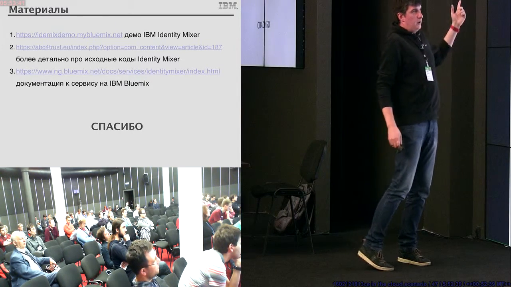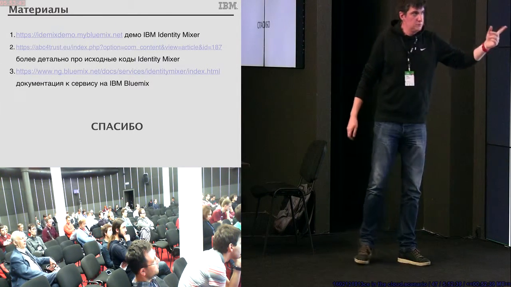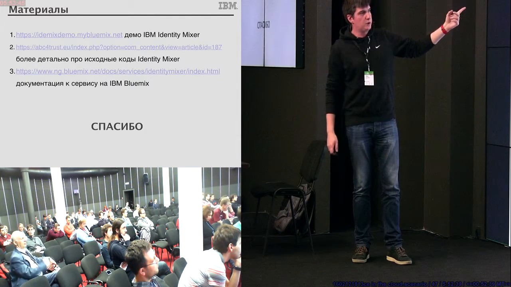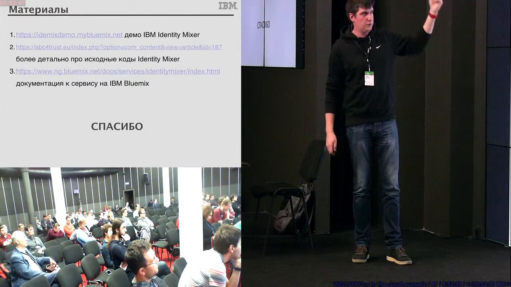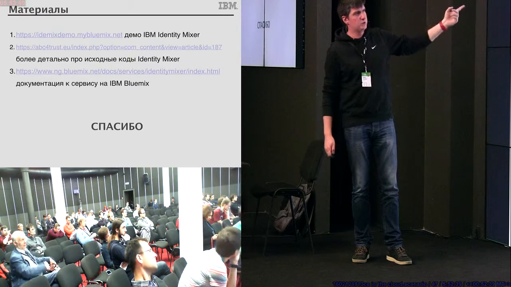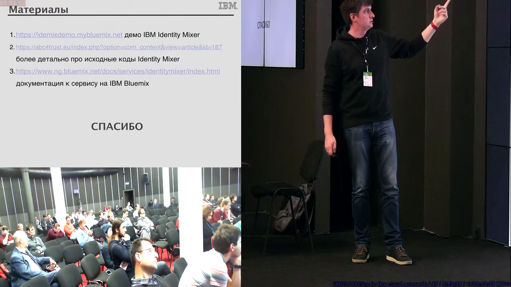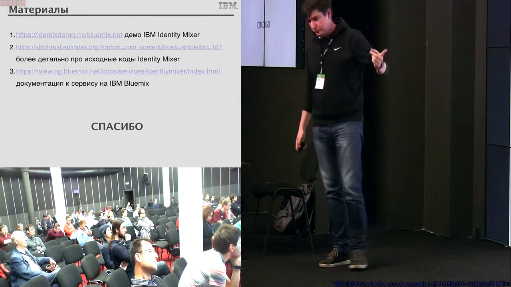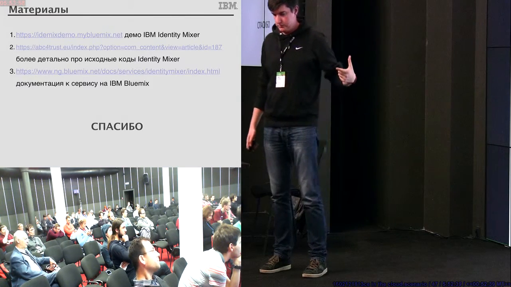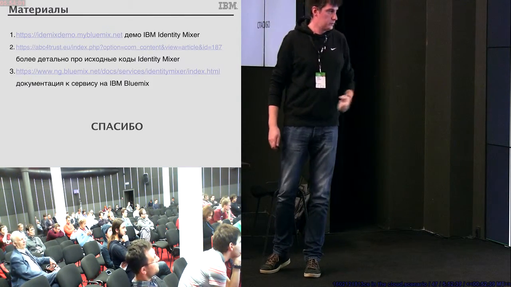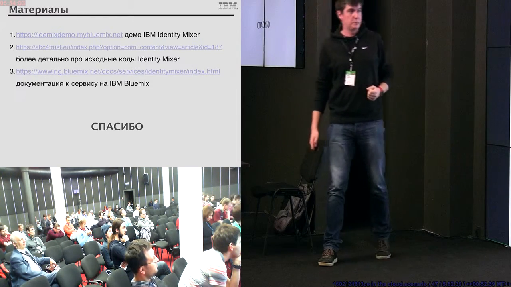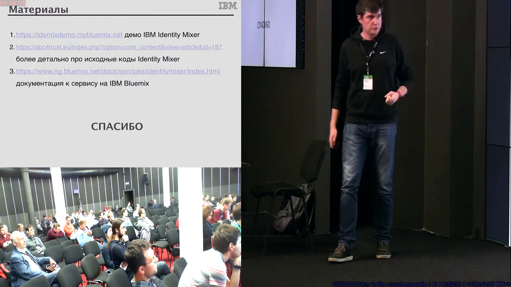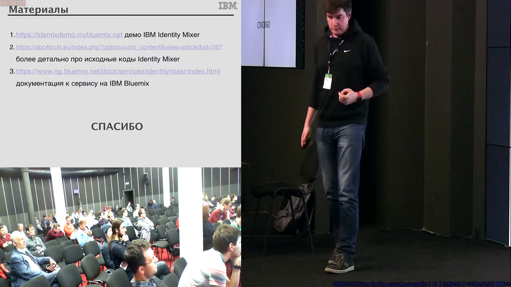In greater detail about the codes and identity mixer, Bluemix has a chapter with documentation for the services, which explains in greater detail how our service works and how to use it.